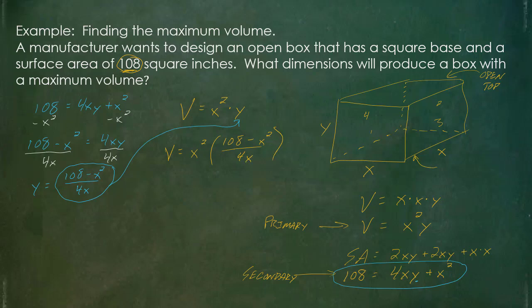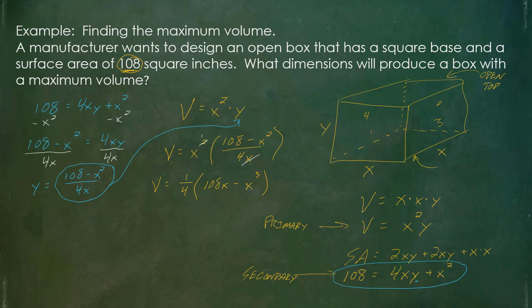And now I'm going to look to see if I can simplify, because it looks like I've got x squared multiplying the top, but I do have this x on the bottom, so I really could say that this x on the bottom will cancel with one of the x's out front, and then just distribute that through and rewrite it in a way that makes it a little bit easier. So I'm going to write this division by 4 really as a 1/4 out front. That way I can just treat it like it's a coefficient, and then in this case I would have x times 108 minus x times x squared.